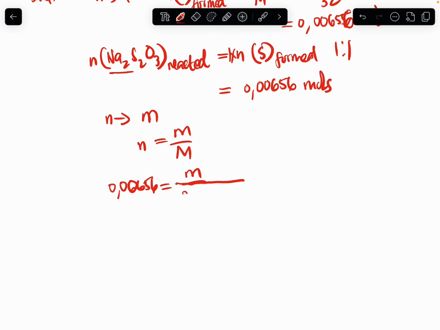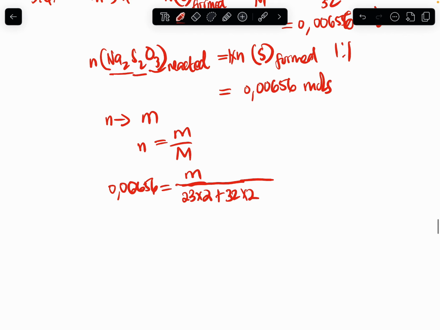It's sodium, which is 23 times 2, plus the sulfur is 32 times by 2, and then the oxygen, it's 16 times 3. So when we cross multiply that, the mass of the sodium thiosulfate is going to be 1.04 grams.